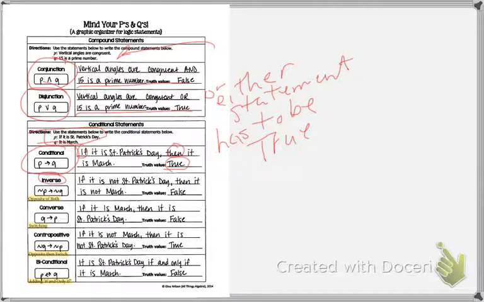So if it isn't St. Patrick's Day, then it is not March. And that is false because it can be any other day. It could be a spring break, you know. Converse, what happens is you're going to grab the hypothesis and the conclusion and you're just going to switch them. Contrapositive, you do the opposites and then you switch them.